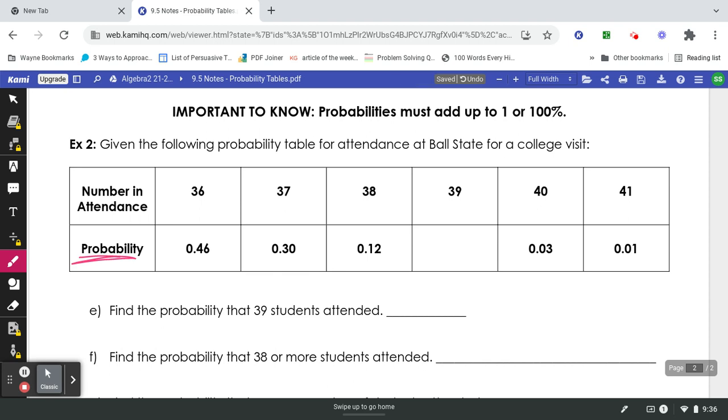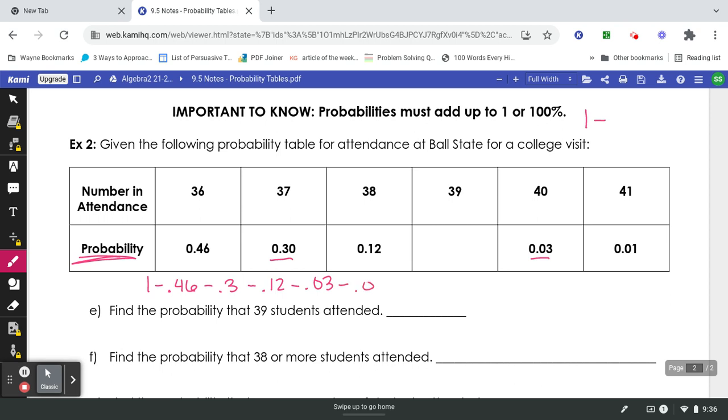So what we need to do in order to find this missing one, we have to do 1 minus 0.46 minus, let me write it out like this. So for 39, we do 1 minus 0.46 minus 0.3 minus 0.12 minus 0.03. Keep in mind, 0.3 and 3 are different, so just be careful there.